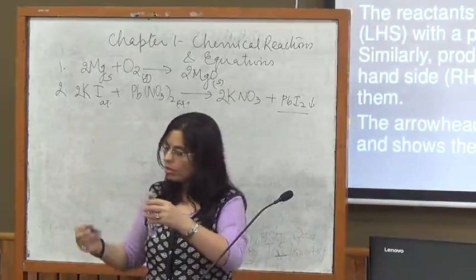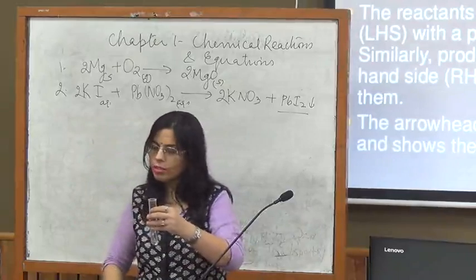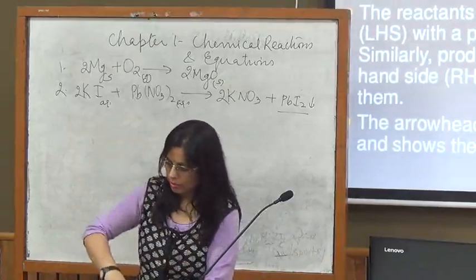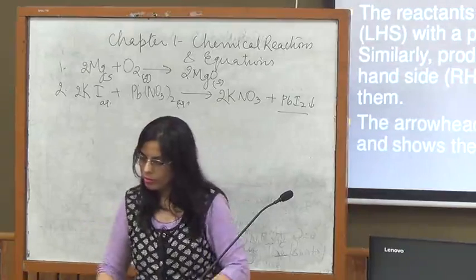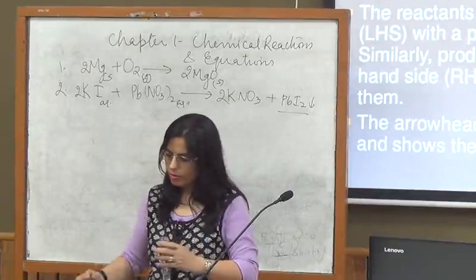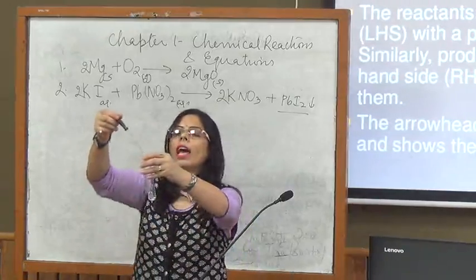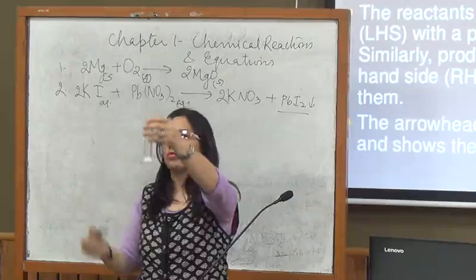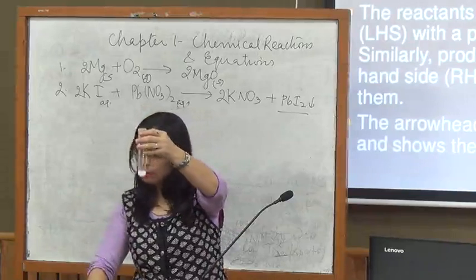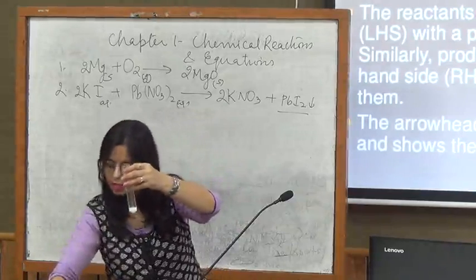This is sodium sulfate and we have barium chloride here. When I add barium chloride to sodium sulfate, again there is an instantaneous formation of a white precipitate.